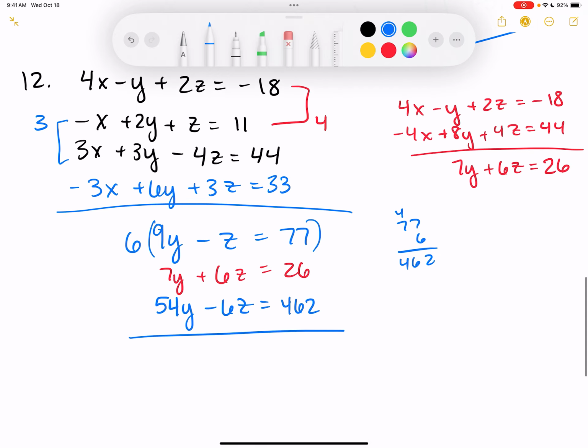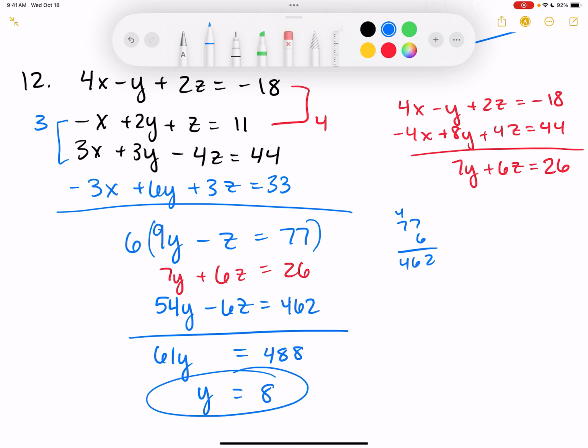So then 61y is equal to 488. So y is equal to 8. At least it didn't end up being that bad.